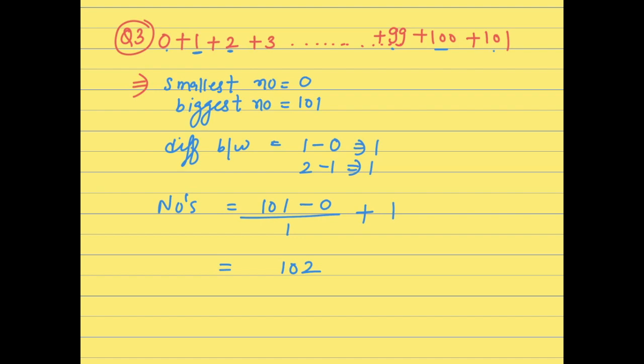So if you talk about pairs, how many pairs will there be? It will be 102 divided by 2, it will be 51 pairs. So in the question we have 51 pairs already. So if you add 0 plus 1 plus 2 plus 3 plus dash dash dash plus 100 plus 101, we have 51 pairs.